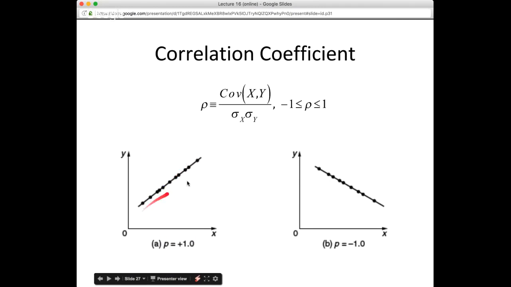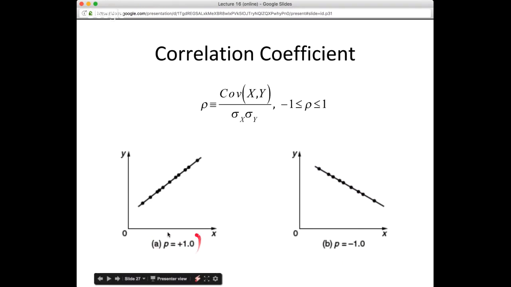So you can see they're very, very linearly correlated. Here's another case where the realizations for y and x are negatively correlated. As the realizations for x increase, the realizations for y tend to decrease. So that would be a case of perfect negative correlation where rho is equal to -1.